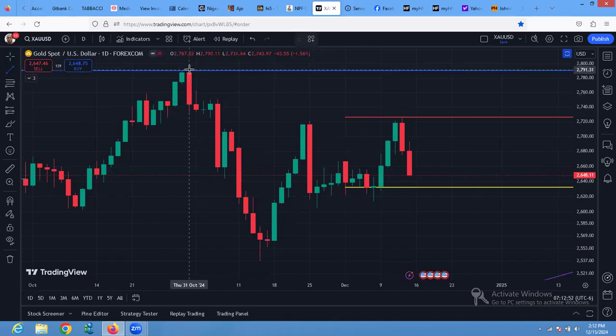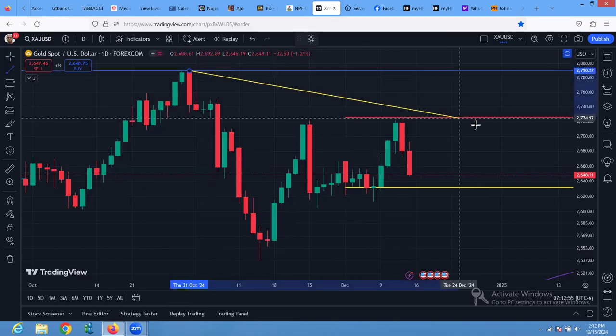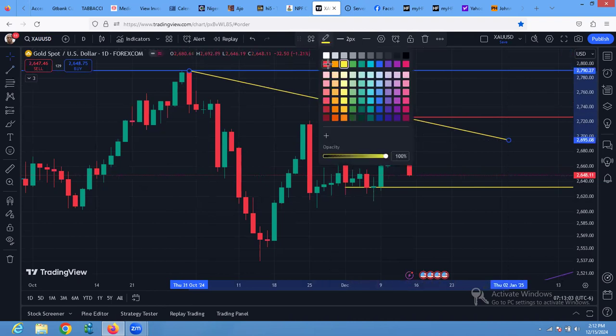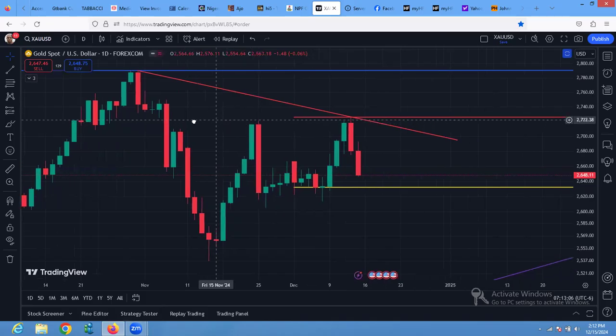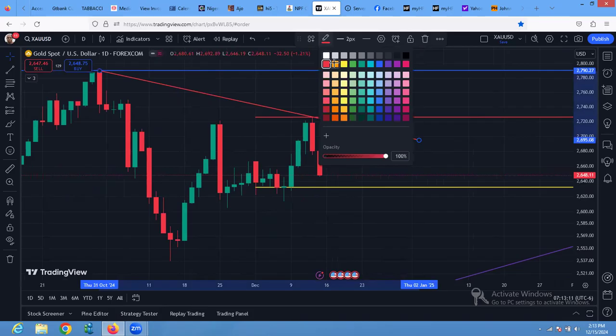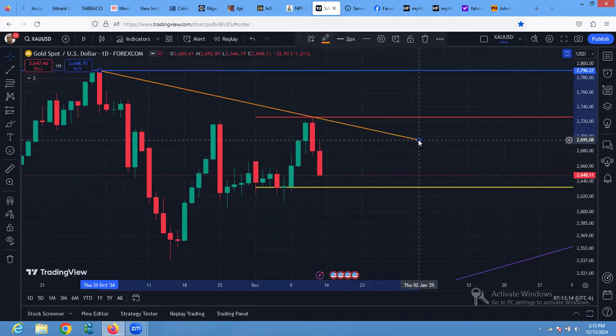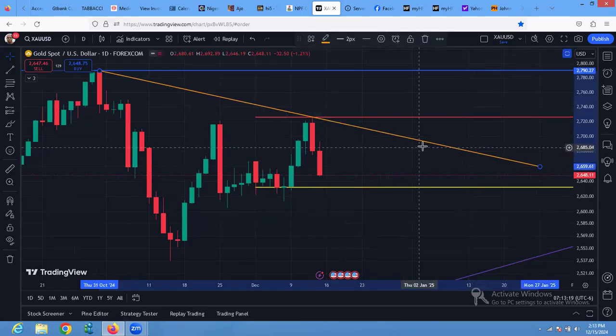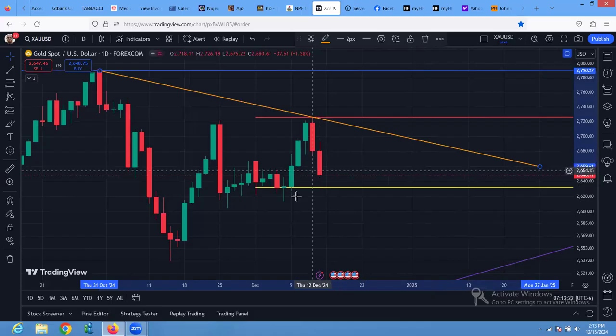What will favor a bearish move now is this. On the daily, what will favor a bullish move is, if price now manages to close, put its body, and the body closes, not the wick, closes above this, it may favor going to the upside.